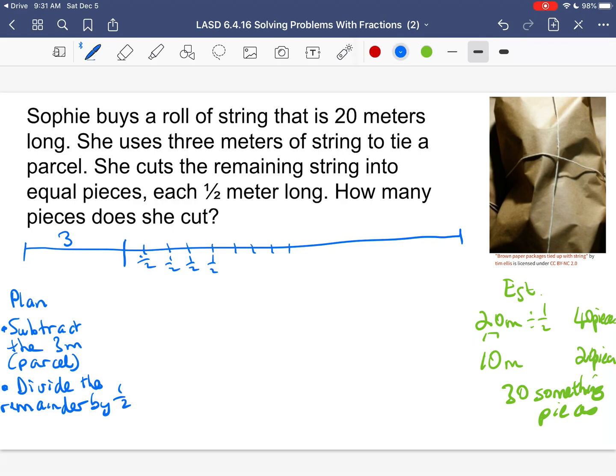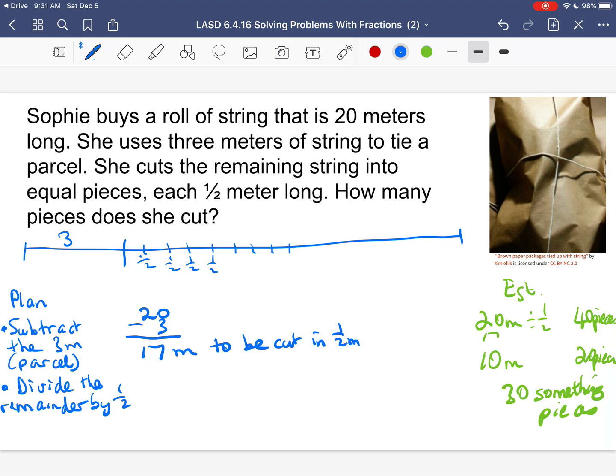So I'm going to subtract 3 from 20 according to my plan, and I have 17 meters to be cut in half meter pieces.